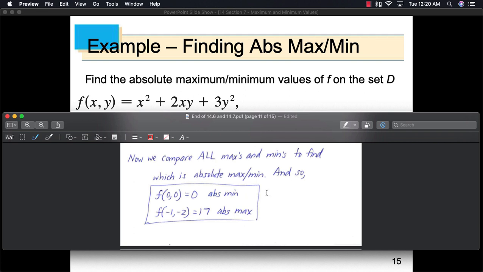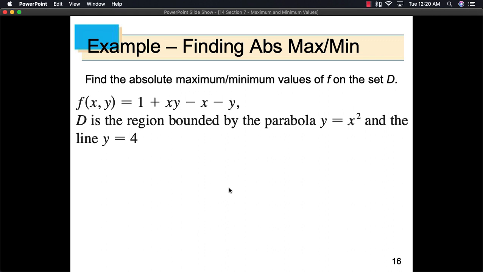And as I mentioned, this is very methodical, so let's go ahead and do another example with a different region, but it's going to be the same exact approach.